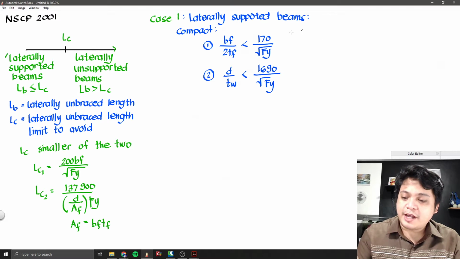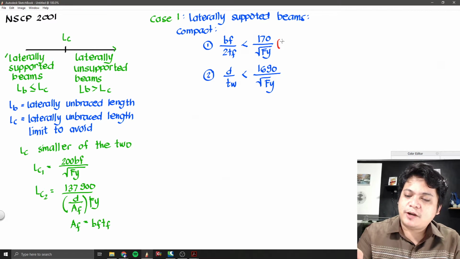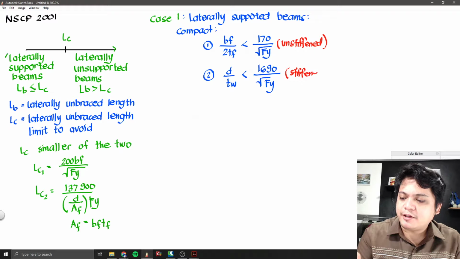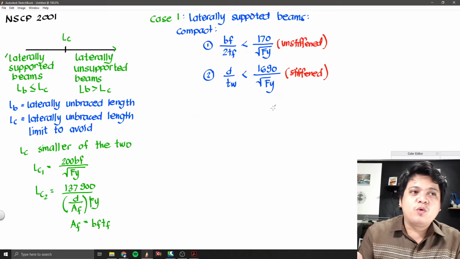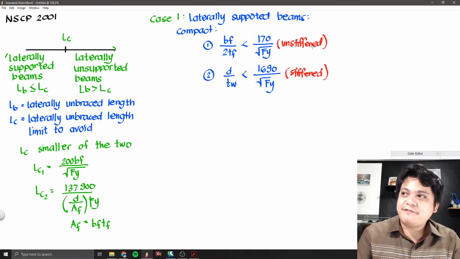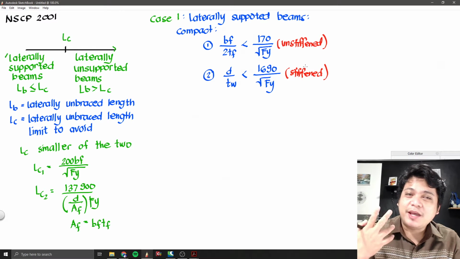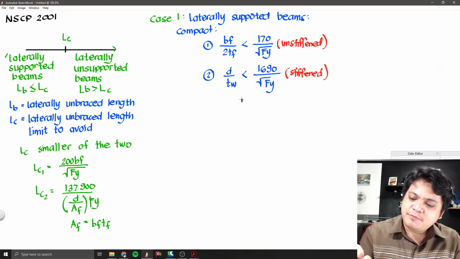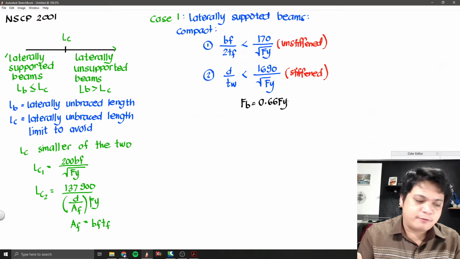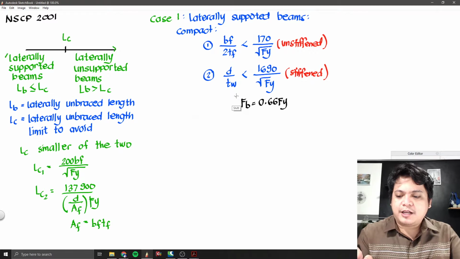The first is for the unstiffened element, and this one is for the stiffened element. We already discussed stiffened and unstiffened. So when both criteria are met, they are compact sections. The FB or stress we use is 0.66 of FY. This is the stress we will use.